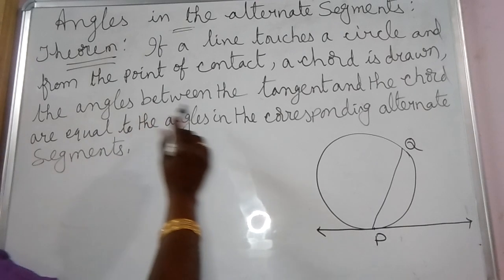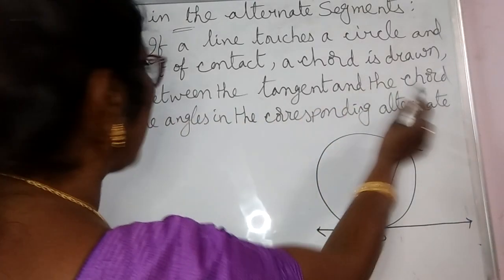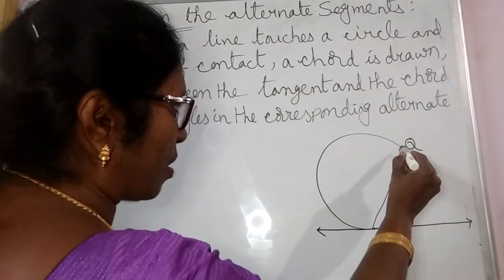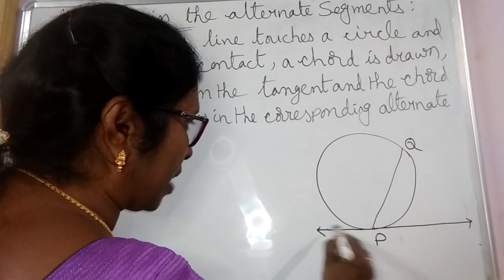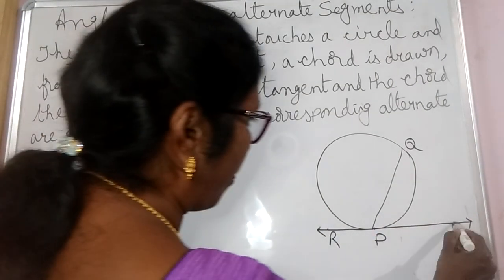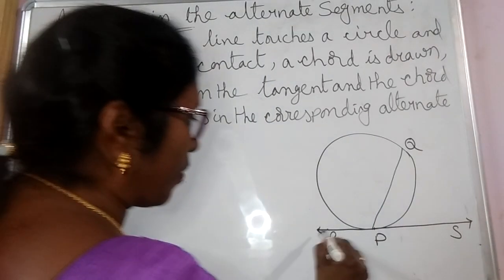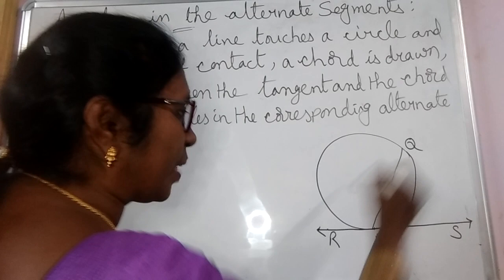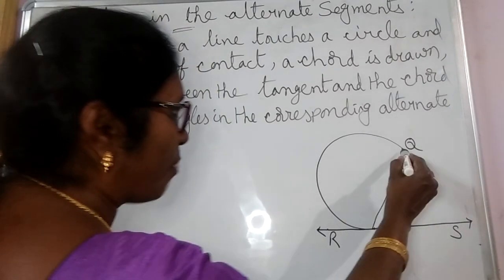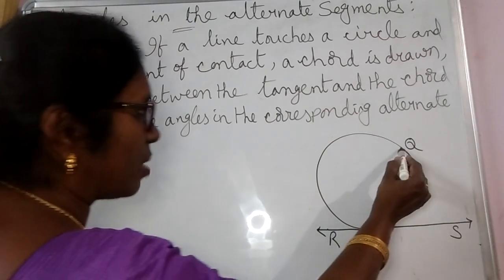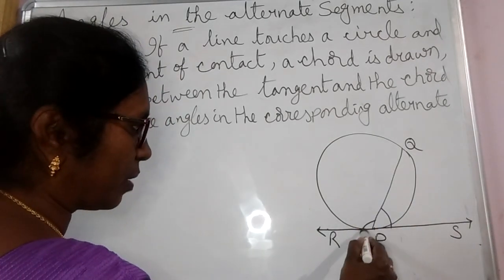The angles between the tangent and the chord, see, if this is the tangent, and let me name the tangent as RS. So the angles between the tangent and the chord means one is angle QPS, other angle is angle QPR.